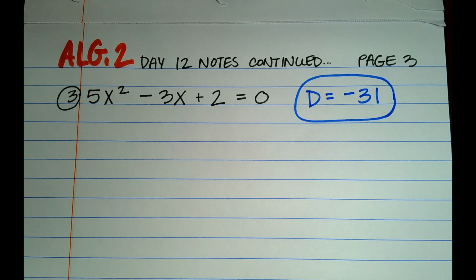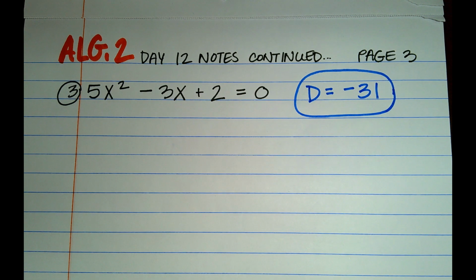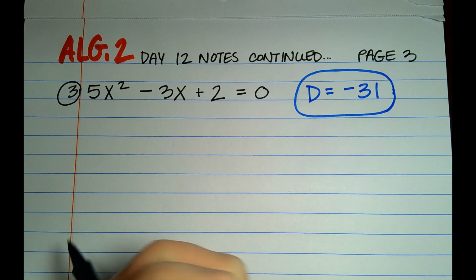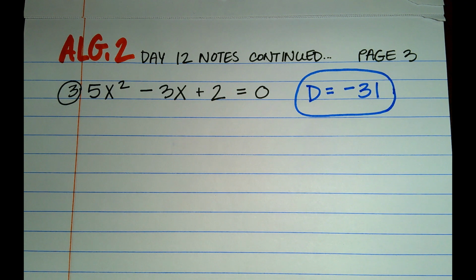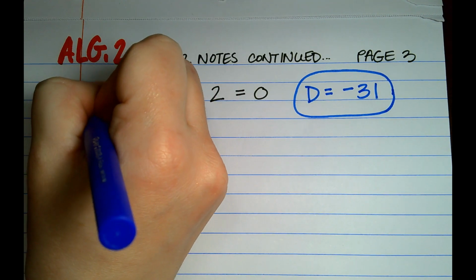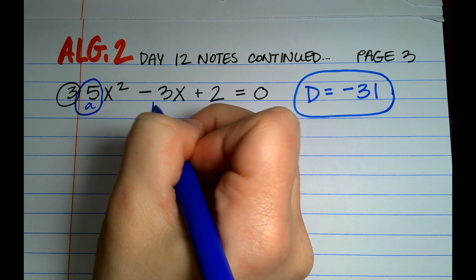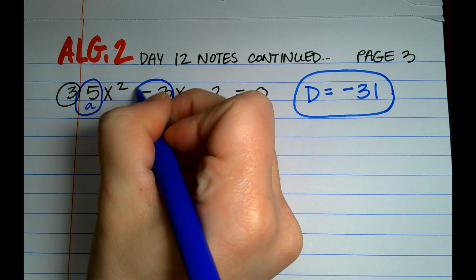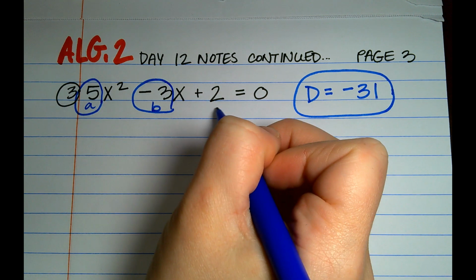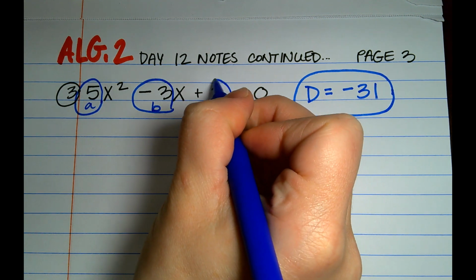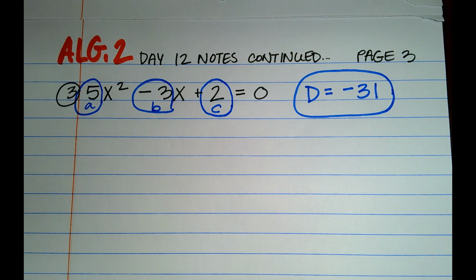Okay. So I've got that in mind. Okay. So I'll go ahead and label my ABC just to remind me. My A is 5. My B is negative 3. My C is 2.